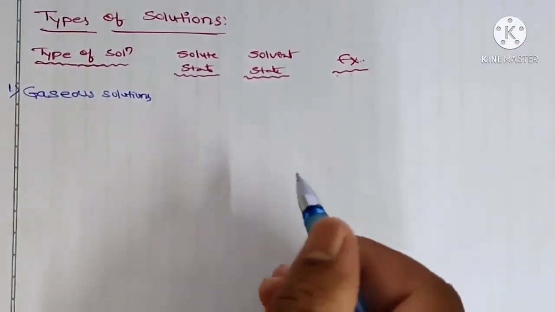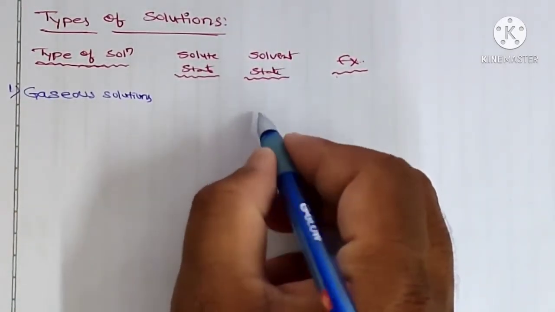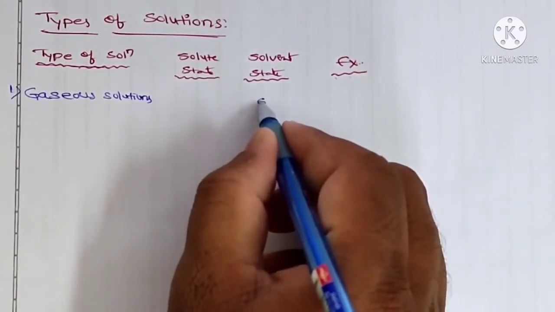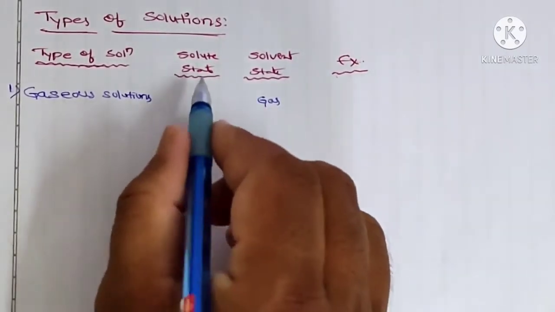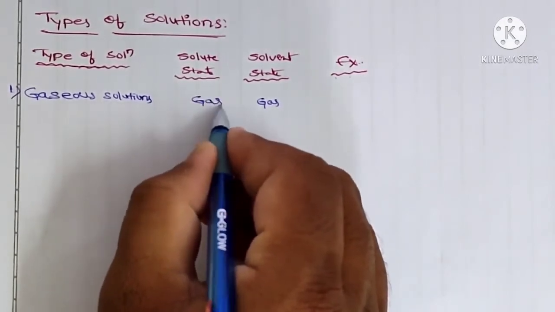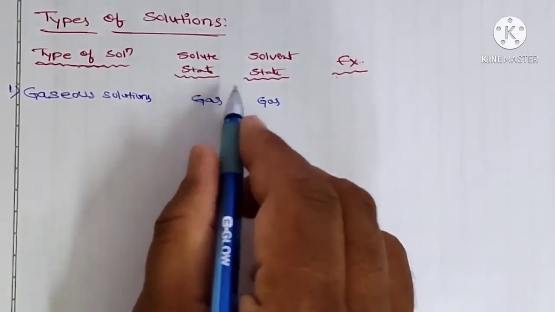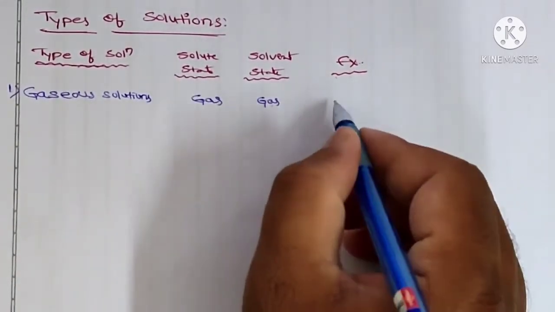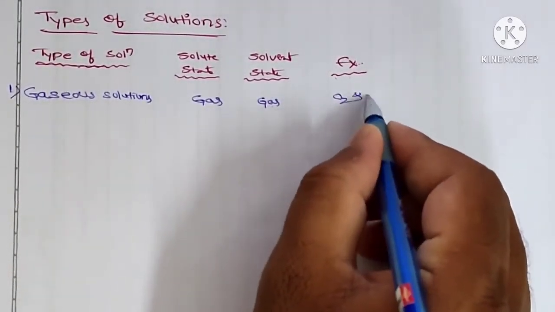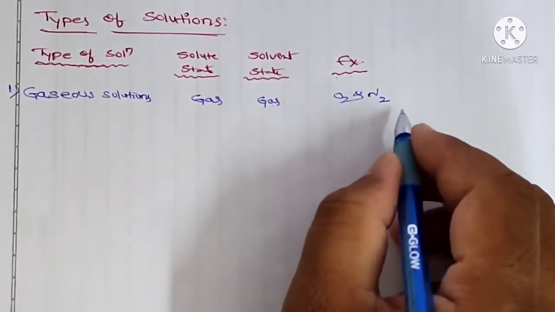In gaseous solutions, the solvent state is gas, and the solute state is also gas. So we can call it gas in gas. Example, a mixture of O2 and N2 gases.